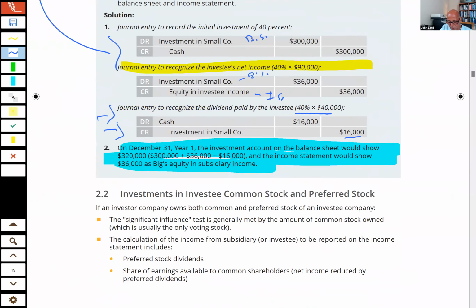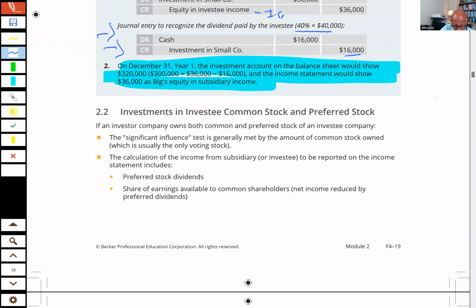Okay. Now, what happens if I have both an investment in common stock and preferred stock? Sometimes problems will do that. First off, the significant influence test is only warranted on the common stock because preferred stock typically does not have the ability to vote, right?